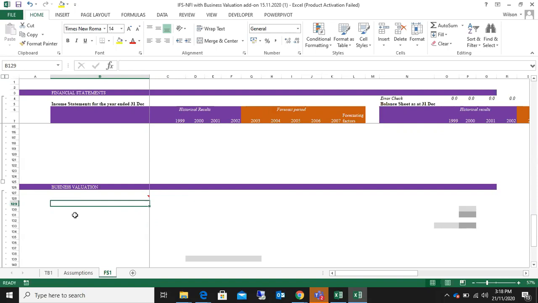The free cash flow to the firm is the cash that is available to the business, not being used to pay suppliers, tax or whatever obligations the company has.